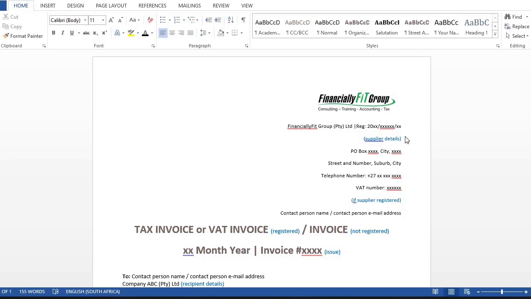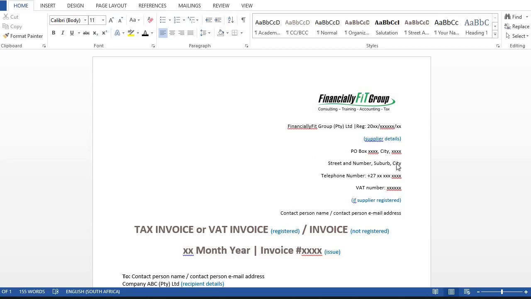It is also good practice to include your registration number. Then you also need to include your address, which should be your postal address as well as your physical address, a telephone number, and then a VAT number.